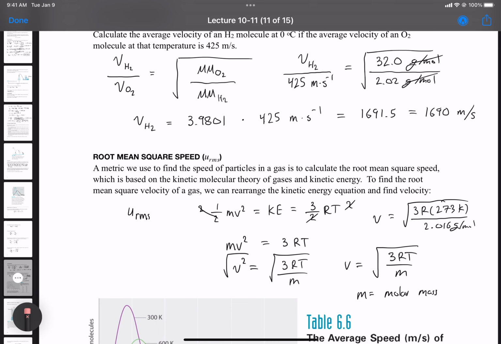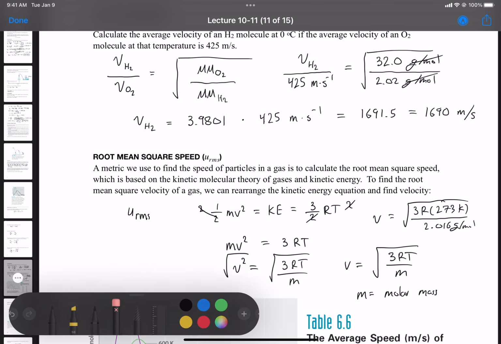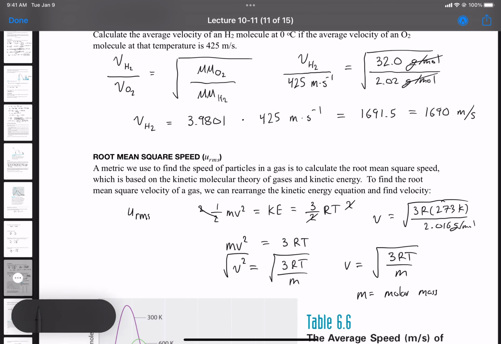So R can equal another constant. R has another set of units when we refer to energy, and we'll talk about this a lot when we talk about quantum mechanics. It has the units of joules per mole Kelvin.